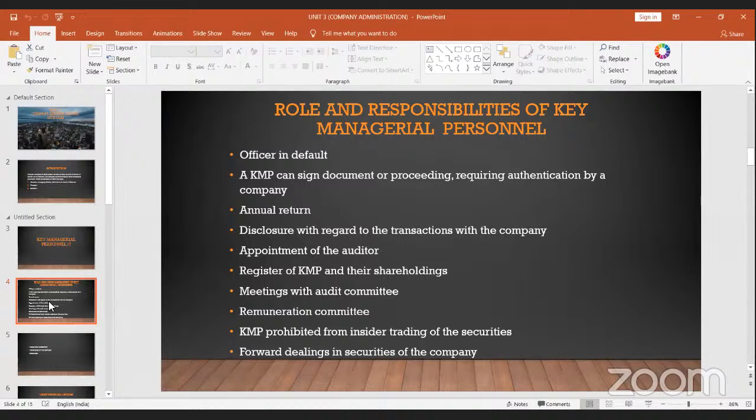Appointment of the auditor. That is, the appointment of the internal auditor and the external auditor, which is done by the company's registrar. An internal auditor is a person who is an employee or a contractor, who has already completed chartered accountancy. So he has been appointed as an auditor.